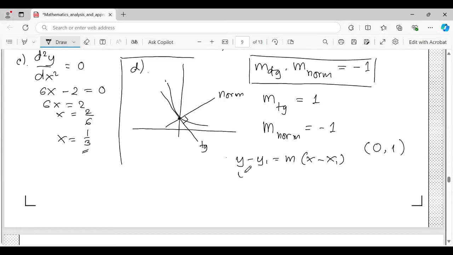Okay, so y minus 1 equals the gradient, x minus 0. So y minus 1 equals x, y equals x plus 1. This is the equation of the line.